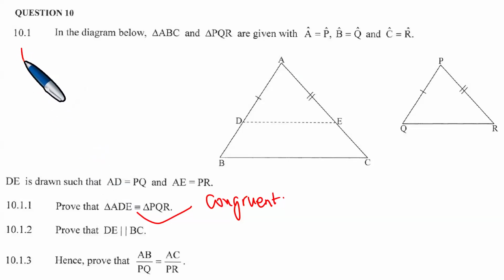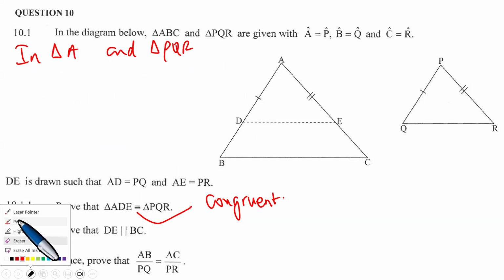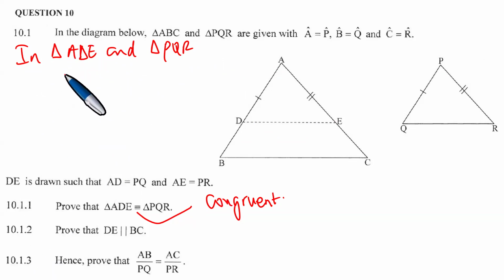So in triangle ADE and triangle PQR, we want to show that these two triangles are congruent.